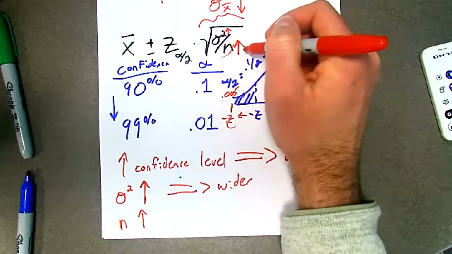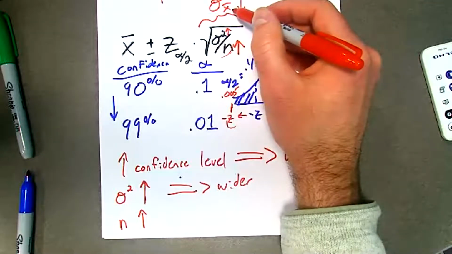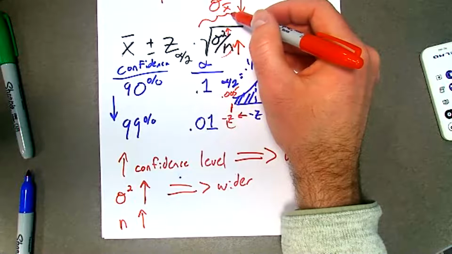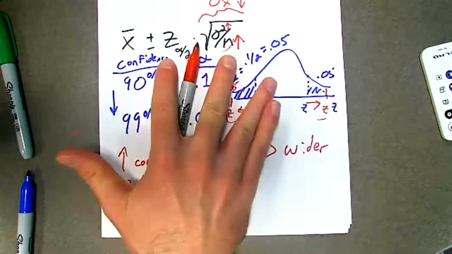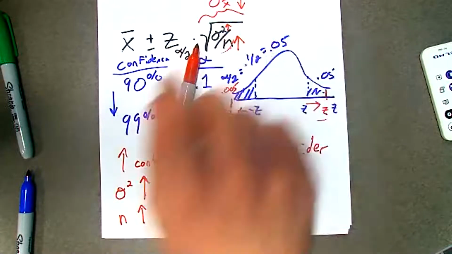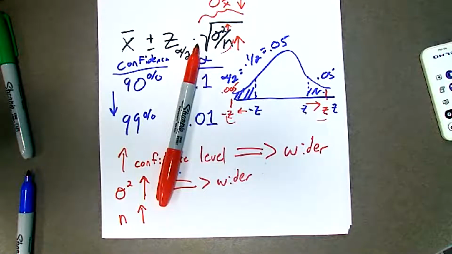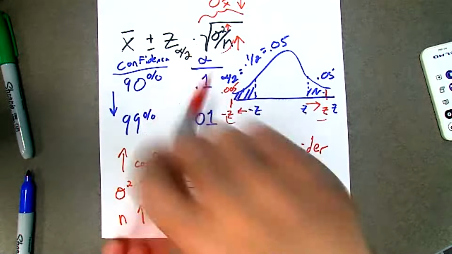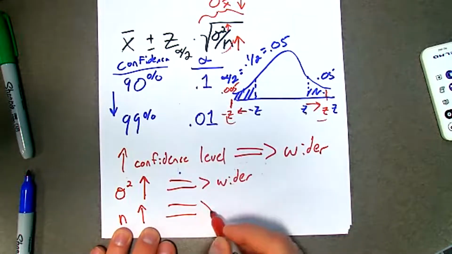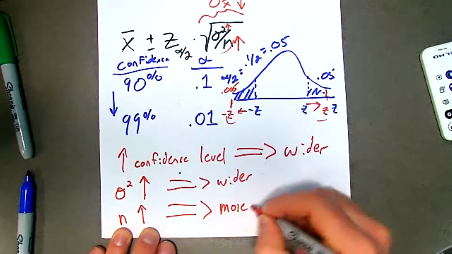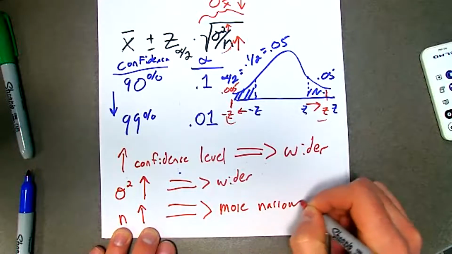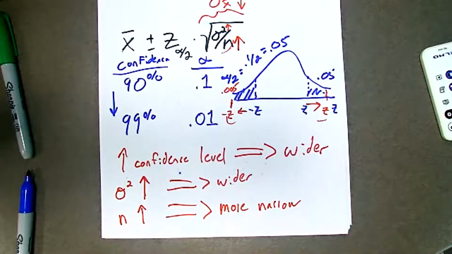So a higher sample size will reduce the standard deviation of my sample means, so my margin of error is going down. If I'm adding and subtracting a smaller amount to that sample mean, my interval is actually going to be more narrow, or smaller, I guess, if you want to think about it that way.